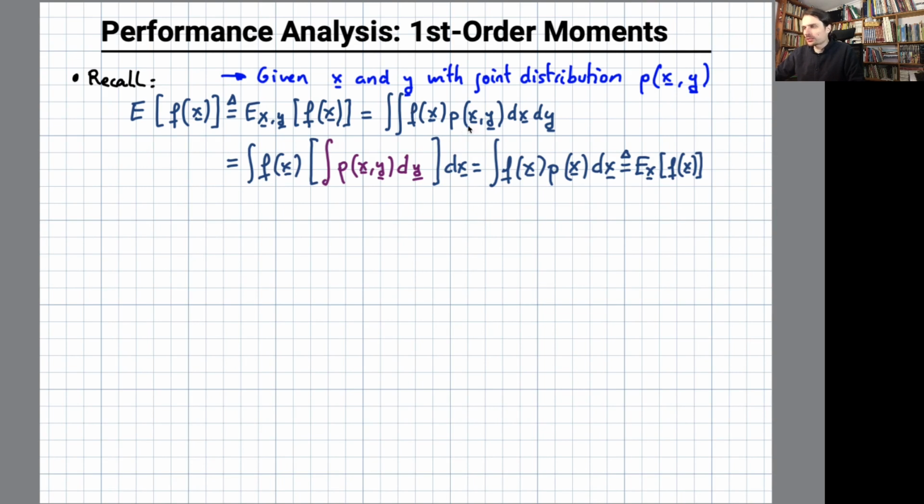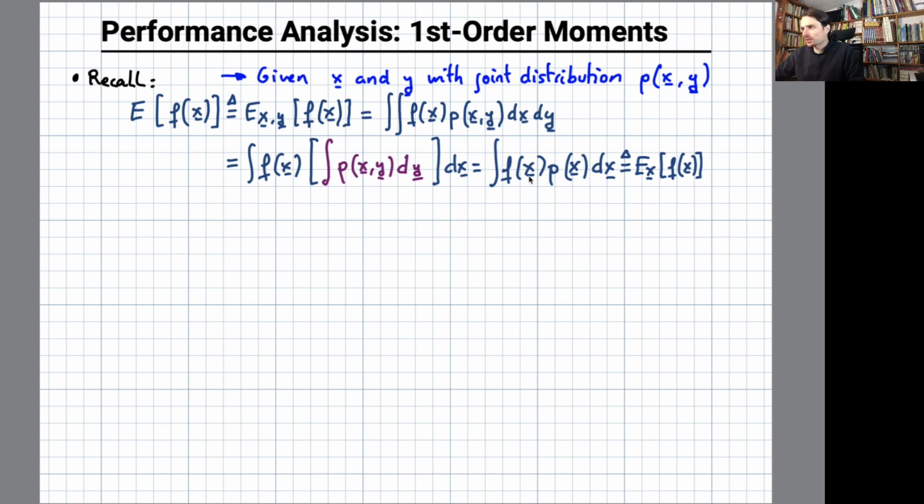Now one can just rearrange terms here and note that this is the integral of f of x times this inner integral. This is just the integral of a joint PDF with respect to one of the random vectors that gives, of course, the marginal PDF of x, as we have written here.